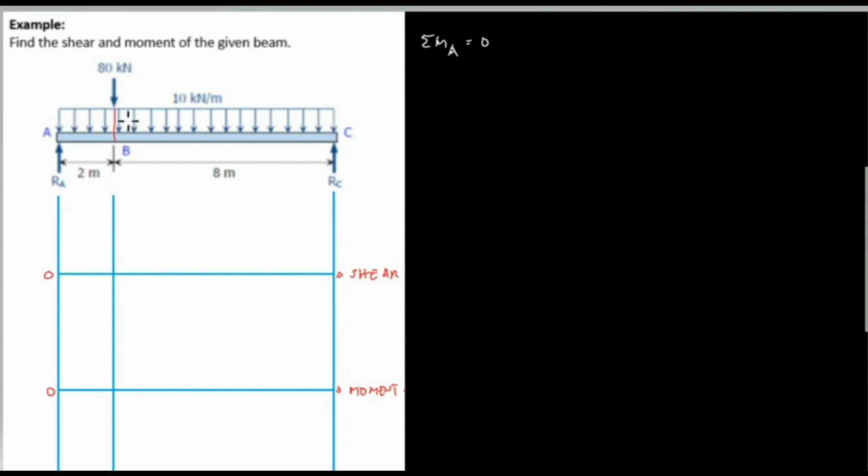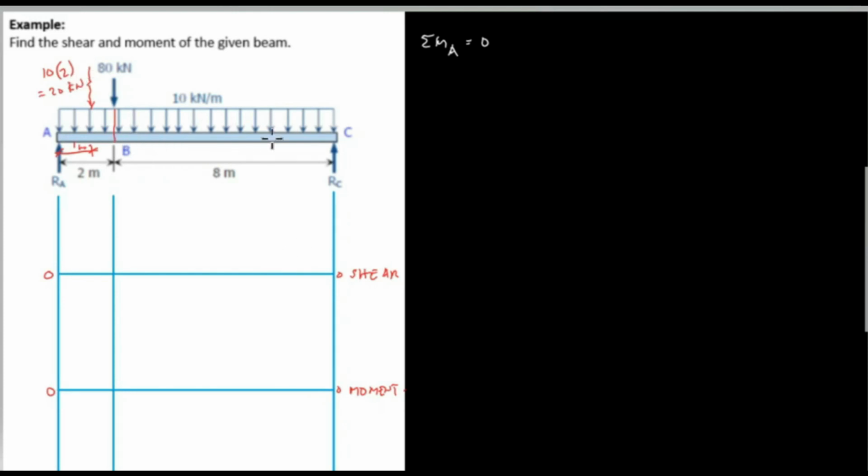The resultant is halfway of the length of AB, which is equivalent to 1 meter. And this resultant is equal to the uniform load, 10 kilonewton per meter, multiplied by the length of AB, which is 2 meters, and it is equivalent to 20 kilonewton.